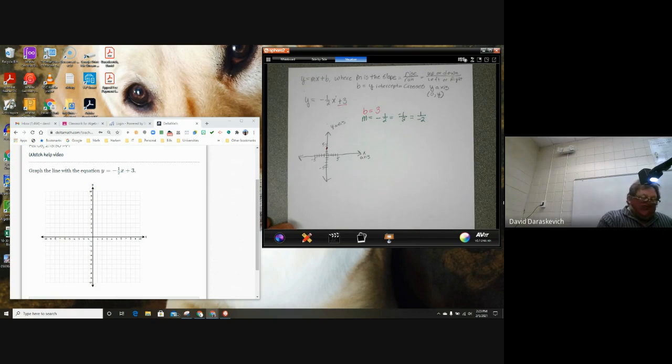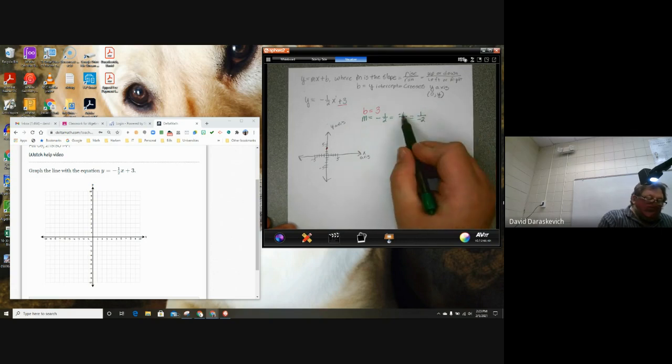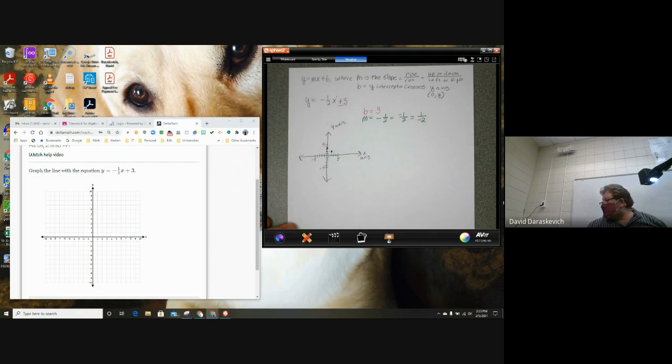All right, so I'll use this one. -1/2. Because that's a negative sign with my 1, I'm going to go down 1 from this point, and to the right 2, because that's a +2. So down 1, to the right 2. I have my 2 points.